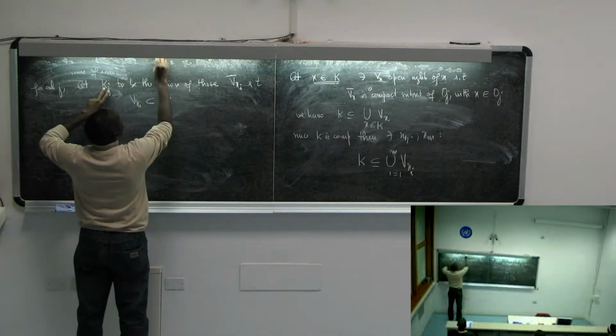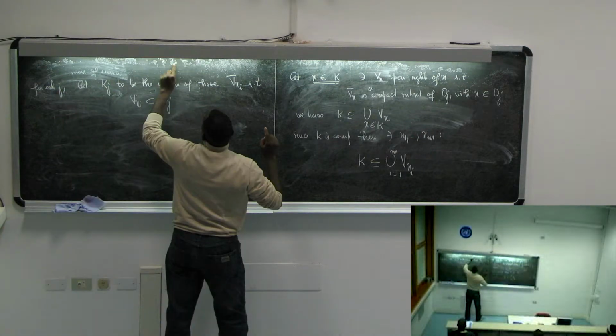For example, if Vx2 and Vx3 are subsets of O1, then K1 will be only Vx2 bar union Vx3 bar.